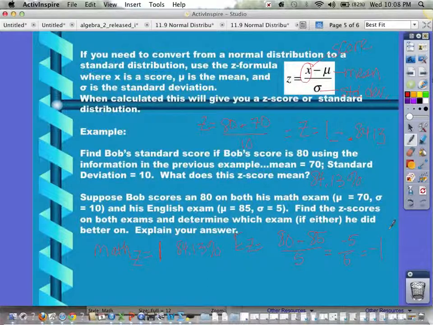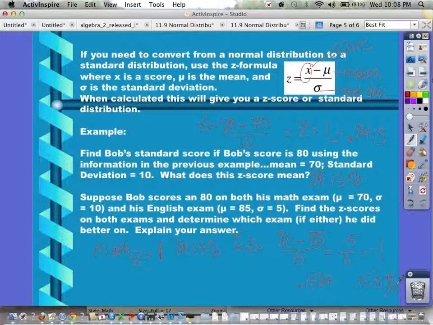A negative 1, if we look it up on our table, and find my negatives again, negative 1 equals 0.1587, which is 15.87%.